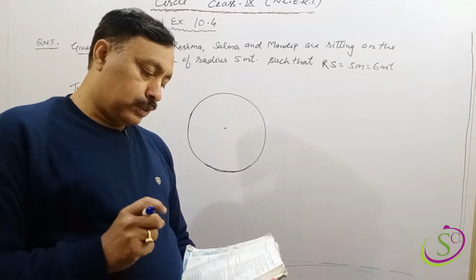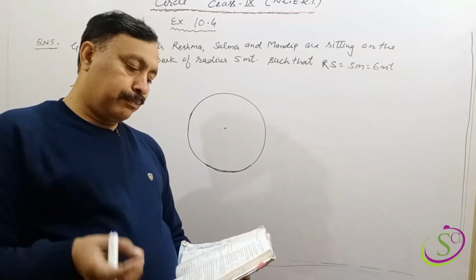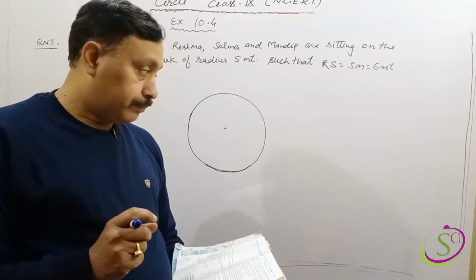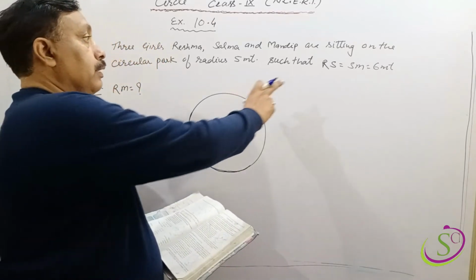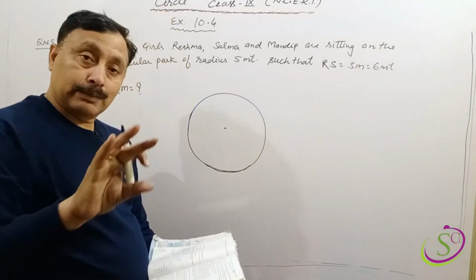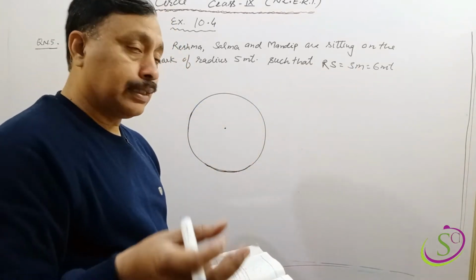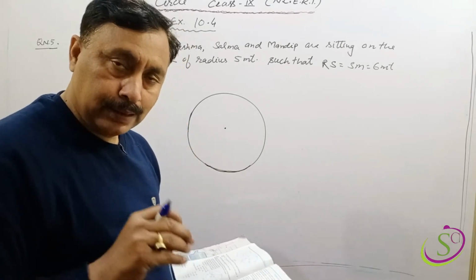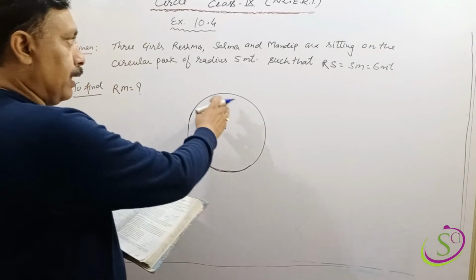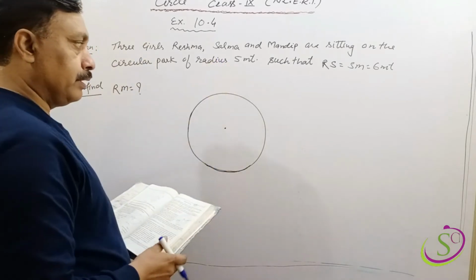Reshma throws a ball to Salma, Salma to Mandeep, and Mandeep to Reshma. If the distance between Reshma and Salma and between Salma and Mandeep is 6 meter each, and the radius of the park circle is 5 meter.